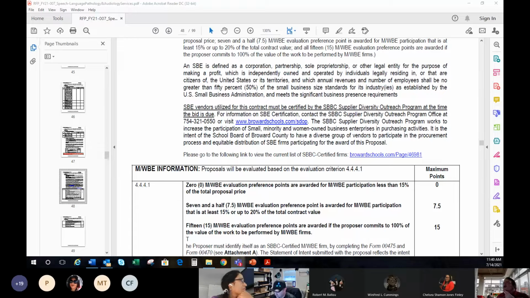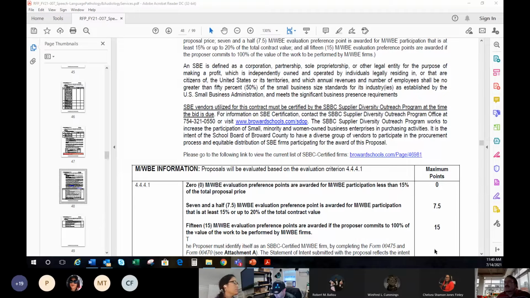Basically, if you look in this area, they will provide you what the maximum points will be awarded based on the type of solicitation that they want to follow under this RFP.